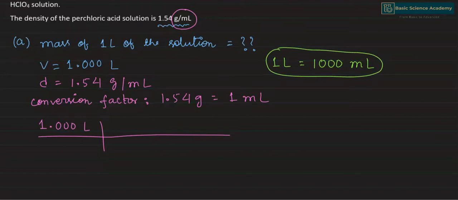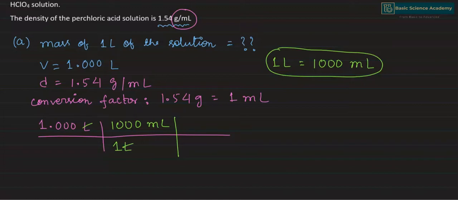Since we have to cancel liter and find ml, we have to keep 1 liter in the denominator and 1000 ml in the numerator. So now 1 liter will cancel out to give the volume in ml.